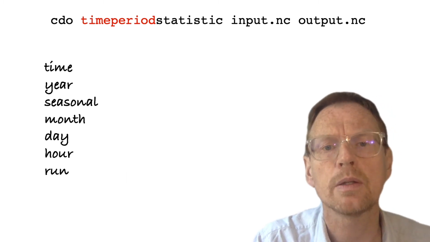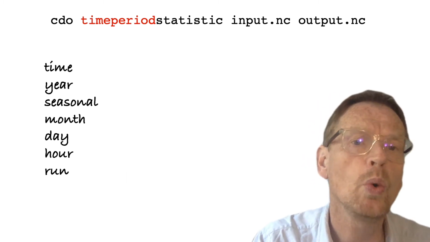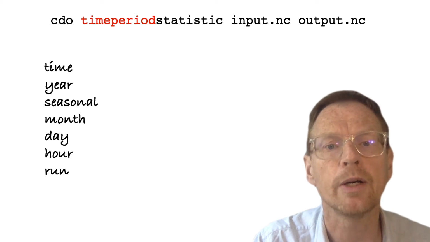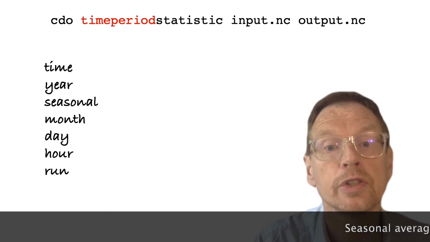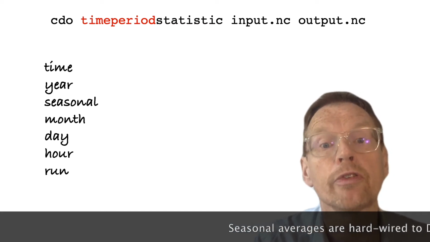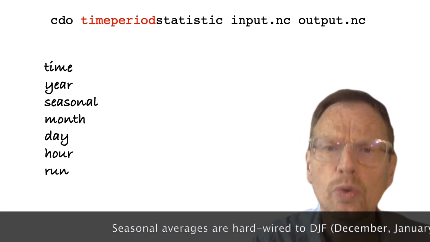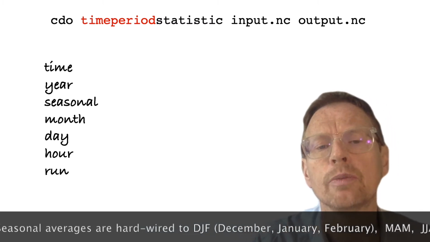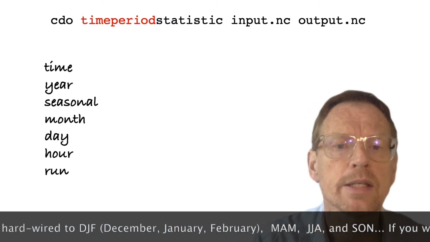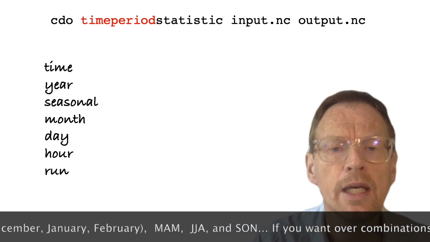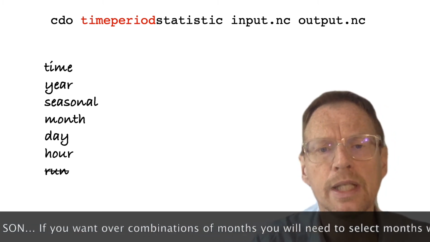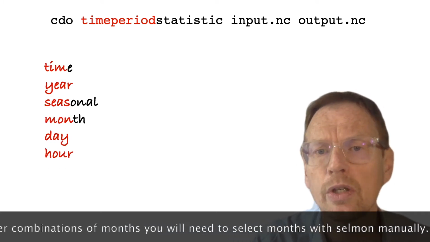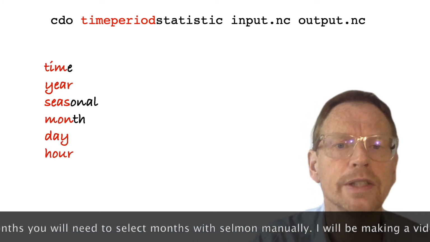So in the list, time refers to all of the time steps in the input file. And then we have year functions over seasons, months, days, hours, and there's also a running function where we can do running means or running max, but I'm not going to discuss that here. I'm going to leave that to a separate video. Each of these has an abbreviation in CDO.